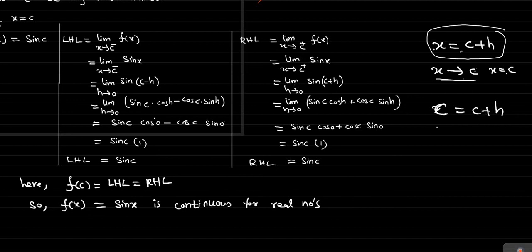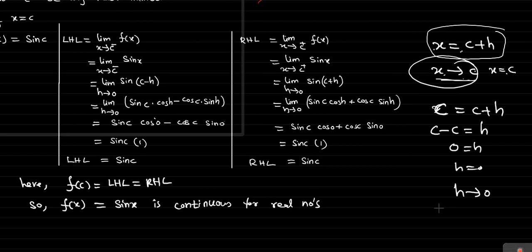So if we send this c to the other side, then what happens here? We are getting h equal to 0. If x is approaching c, then h approaches 0. So when we change x equal to c plus h, then the function approaches 0.